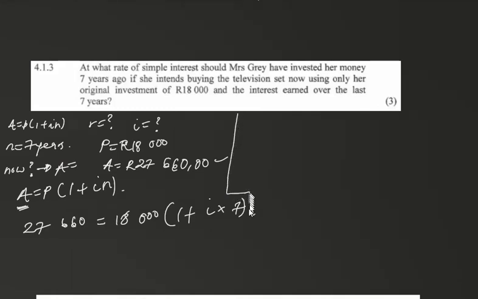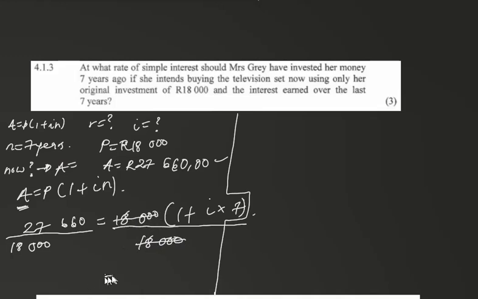Now to make things easier for myself, I'll just divide this whole bracket by 18,000, which means now I'll also have to divide this whole side by 18,000. See that? So now this 18,000 will cancel out that 18,000. I'll be left with 1 plus.